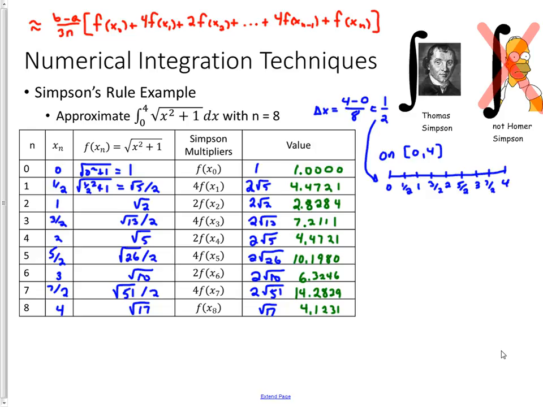And so when I take that sum and I add these all up, remember that what I'm going to do is I'm going to take, by my formula right here, b minus a over n.